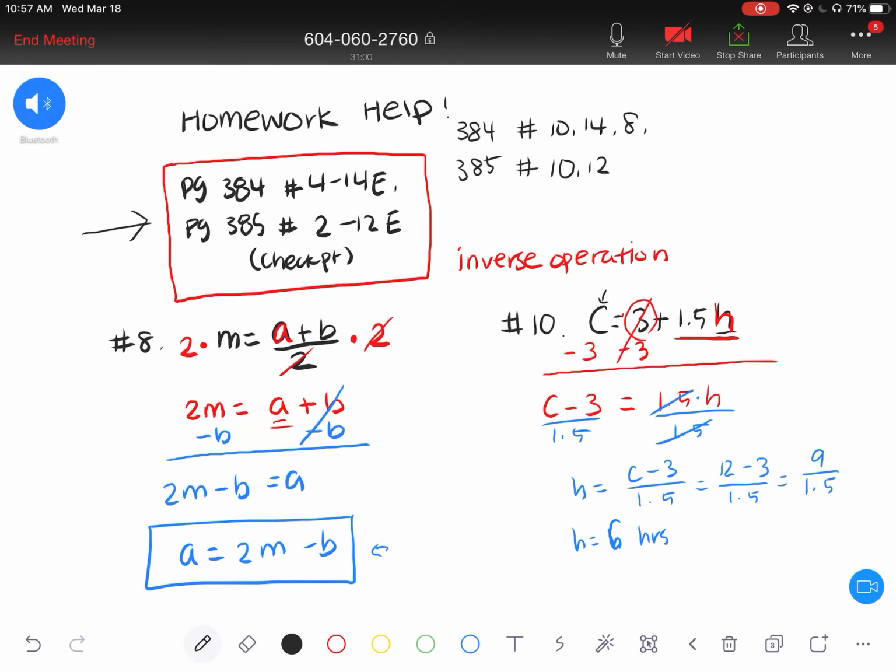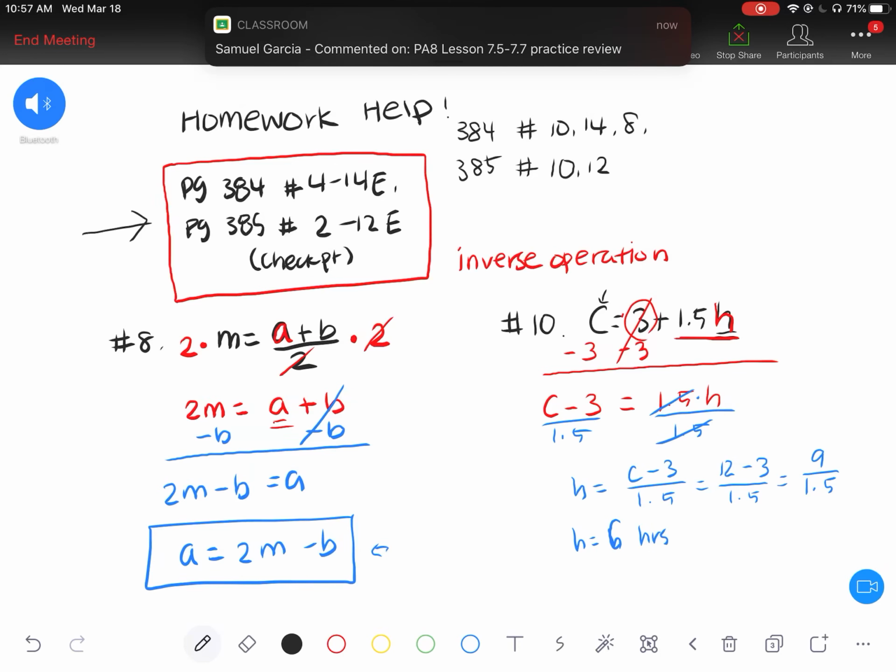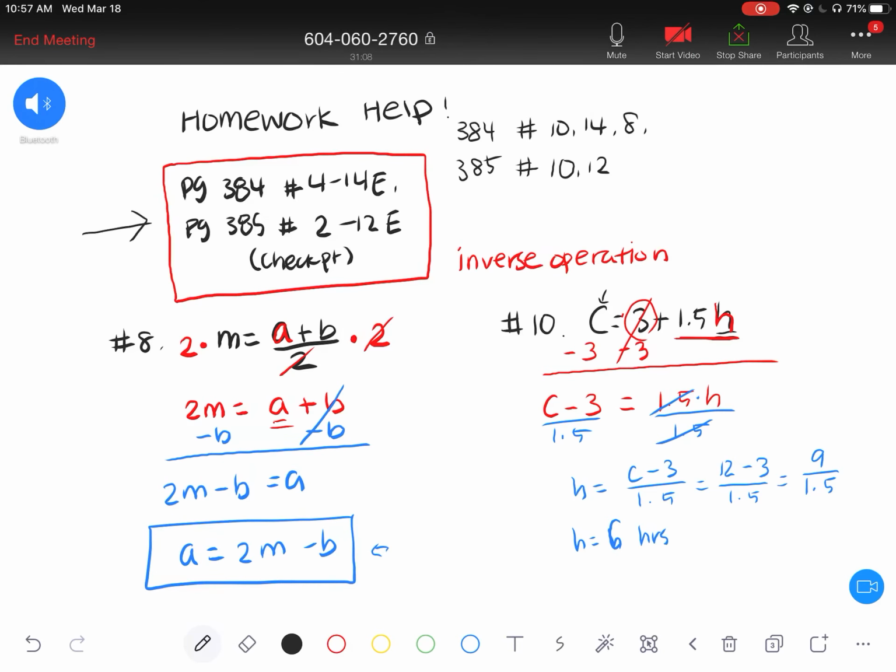So you'll have to do it on a piece of paper and take a picture and send it to me. We'll see. I may put it on Google Forms. It's probably going to be on Google Form or something similar to that.